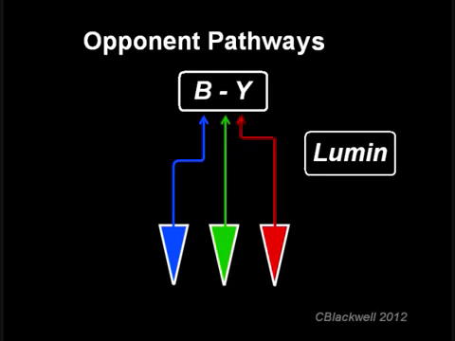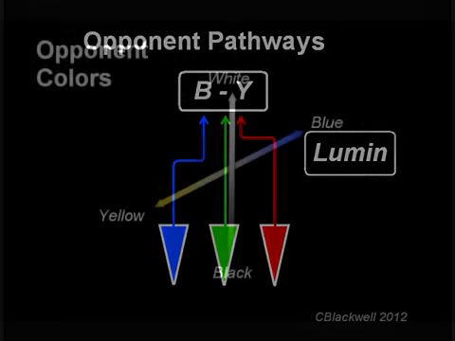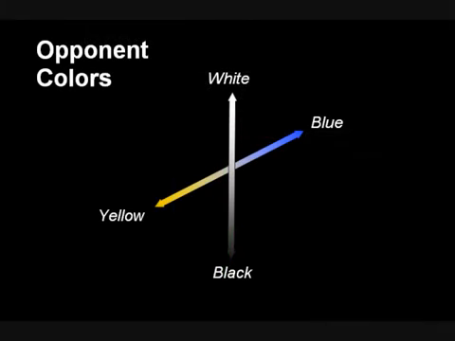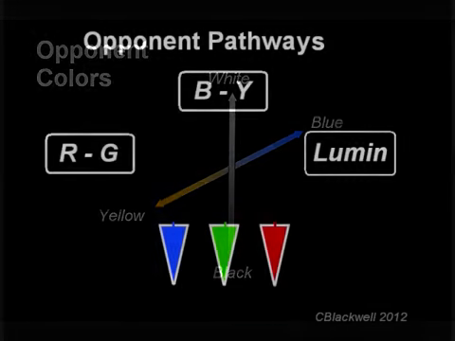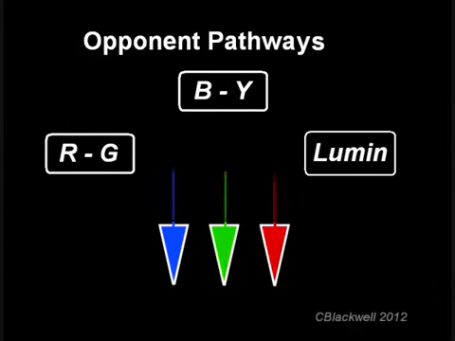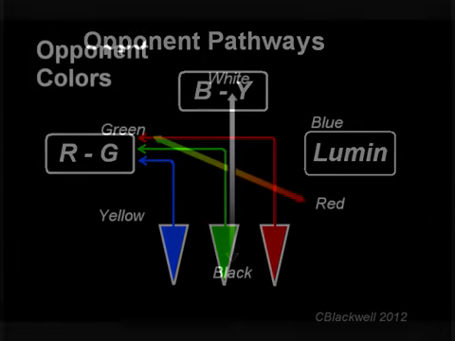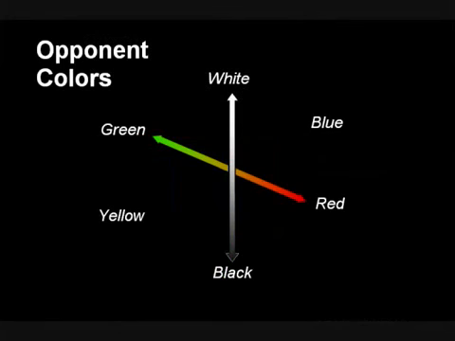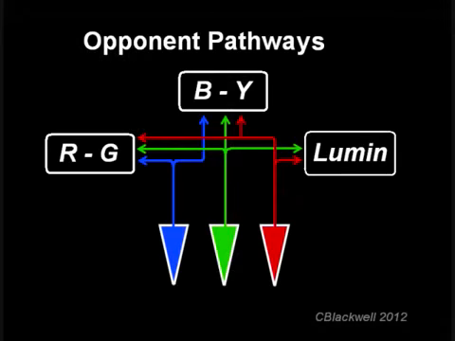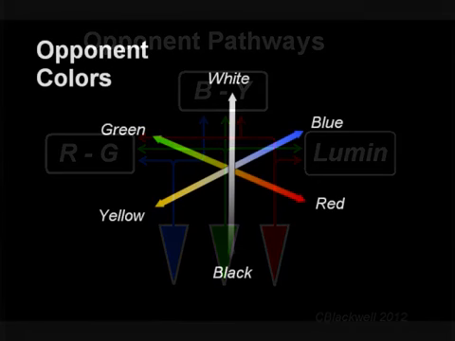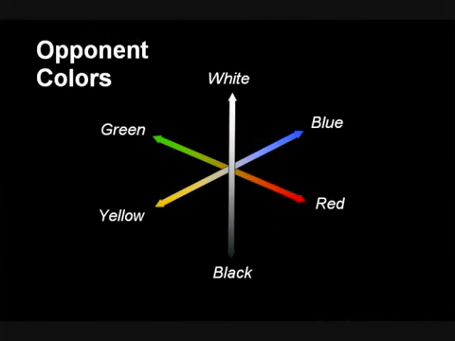So, by the relative input of the cones into the blue-yellow channel, the incoming light is judged to be either bluer or yellower. The red-green color channel also gets input from all three cones. In this channel, the incoming light is judged to be either redder or greener. So here is the whole circuit, which yields the opponent color channels. Now let's give you a different view, and then we will return to the circuit.